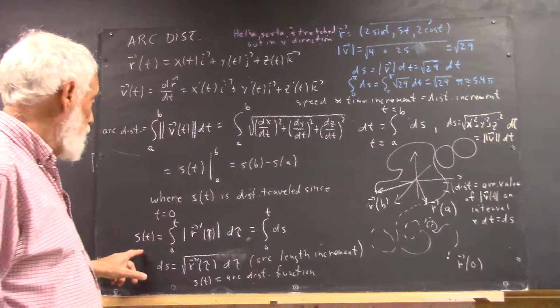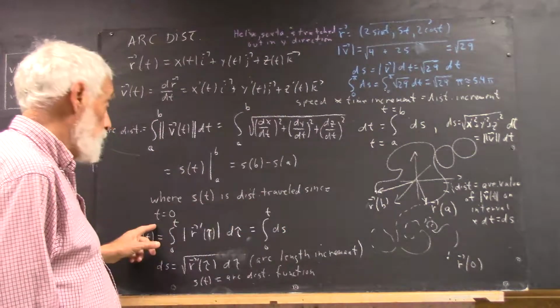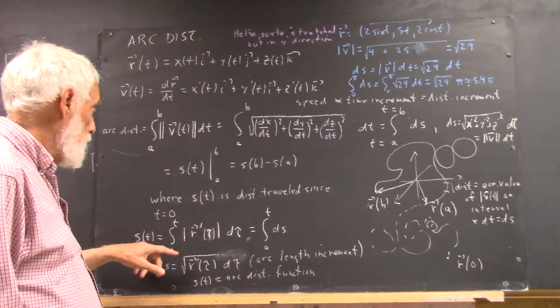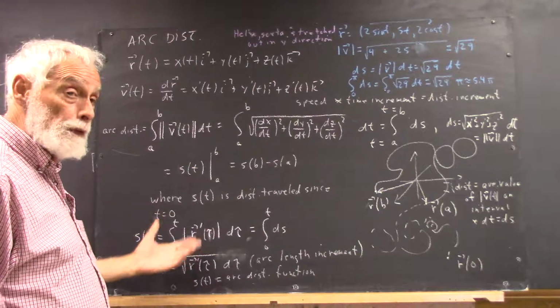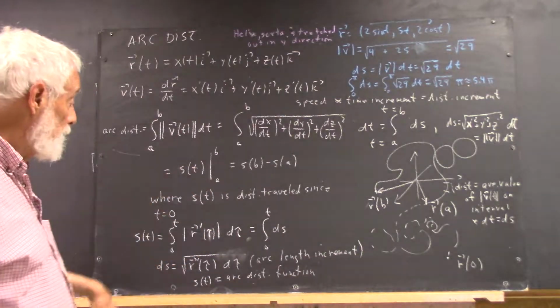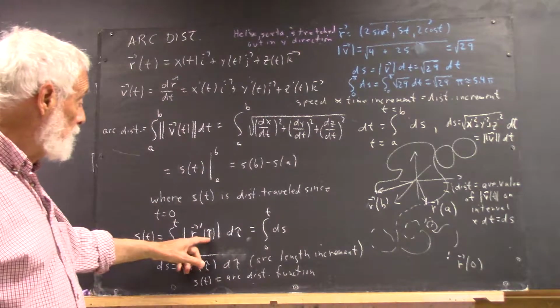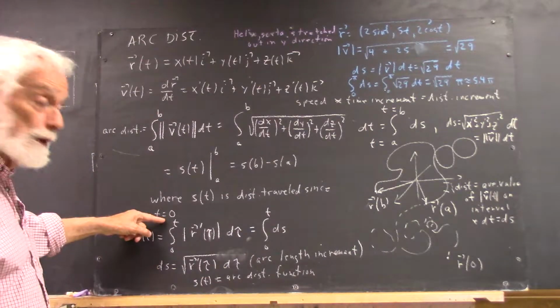And we define S of t then, since it's the distance traveled since t equals 0, to be the integral from 0 to t of the magnitude of your velocity. In this case I'm writing it as the magnitude of r prime, okay? And instead of t I'm using tau for the variable of integration, since I don't want to confuse it with t.